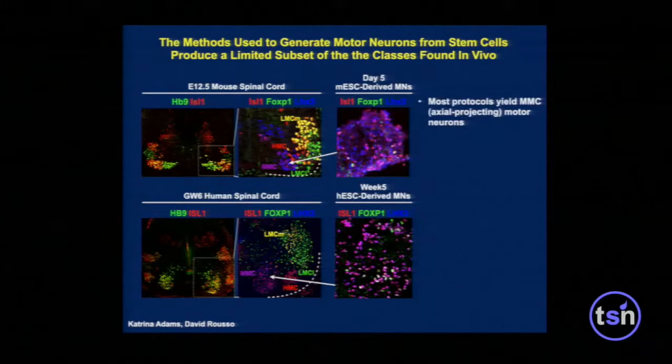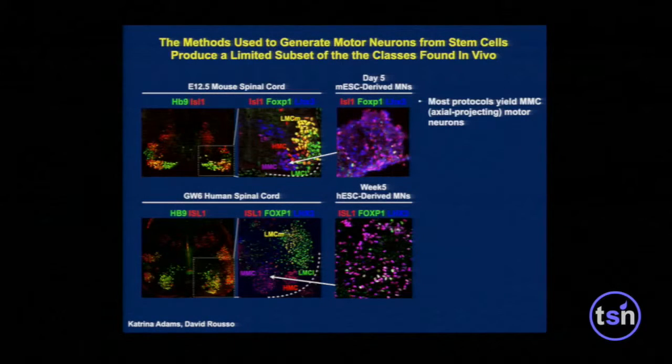Now, when we start looking at stem cells, this is where things get a little bit challenging, in that we have methods that can make motor neurons with pretty high efficiency. Mostly these are based off of the retinoic acid plus sonic hedgehog paradigm. What's very good is that you can make lots of motor neurons with those, but you don't generally make the diversity of motor neuron subtypes that one would see in vivo.